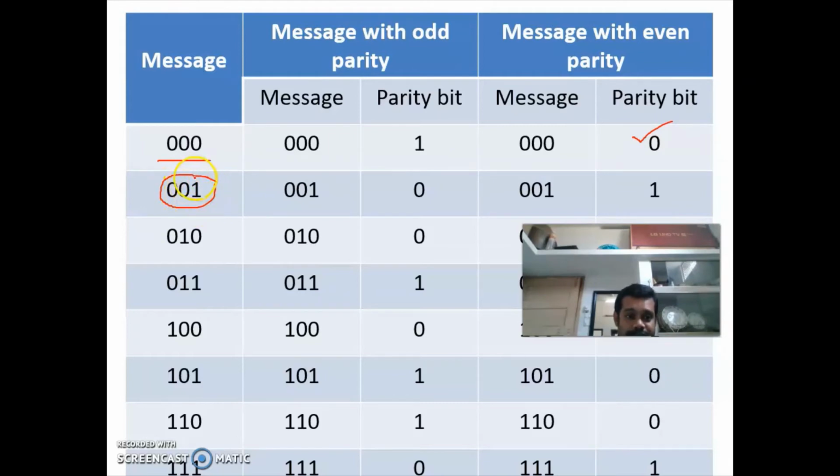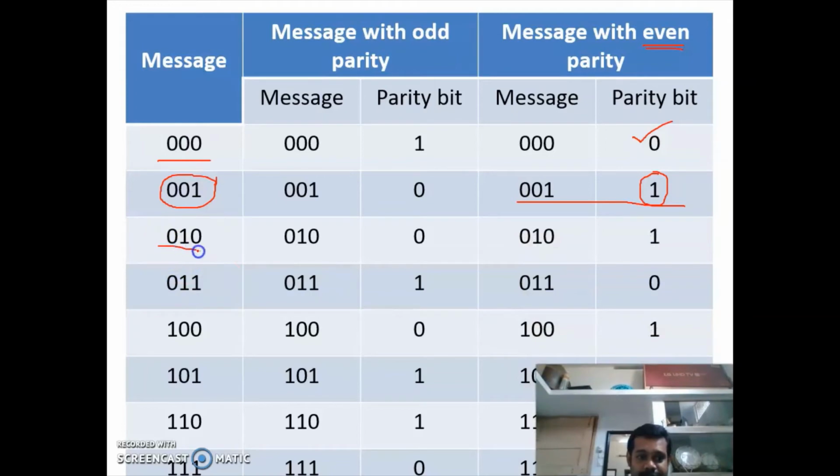The number of ones is only 1, so it is odd. But the parity we are considering is even parity, so we must have an even number of ones. So we add one more 1, so that message plus parity has an even number of ones. Here we have two ones.